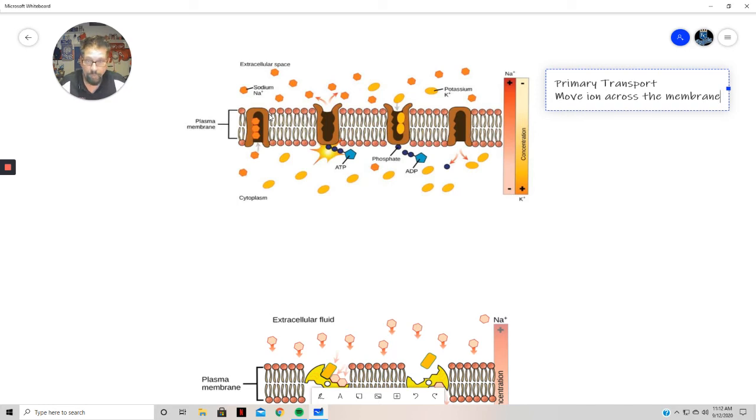We're going to do them both at the same time, simultaneously. And so we're using ATP, and you can see that right here.